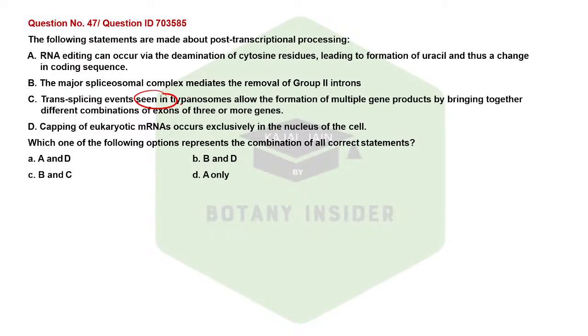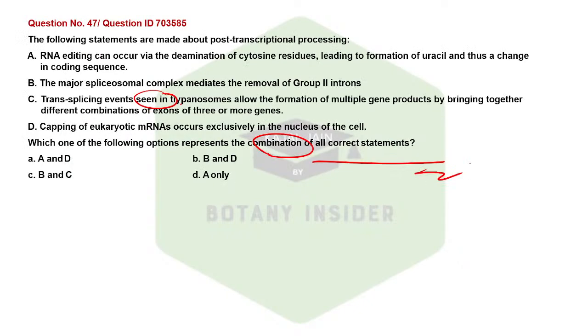Trans-splicing events seen in trypanosomes allow the formation of multiple gene products by bringing together different combinations of exons of 3 or more genes. Capping of eukaryotic mRNA occurs exclusively in the nucleus of the cell. Which of the following combinations is the correct one?